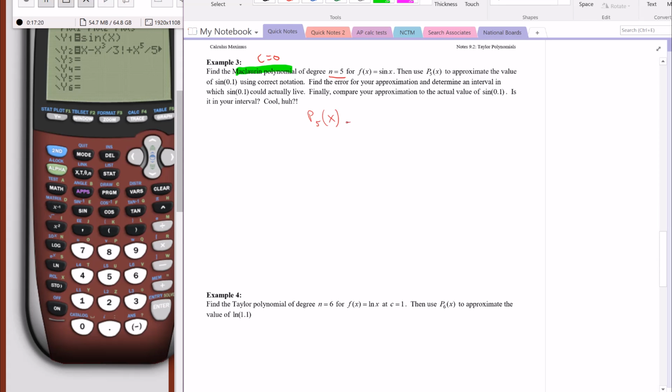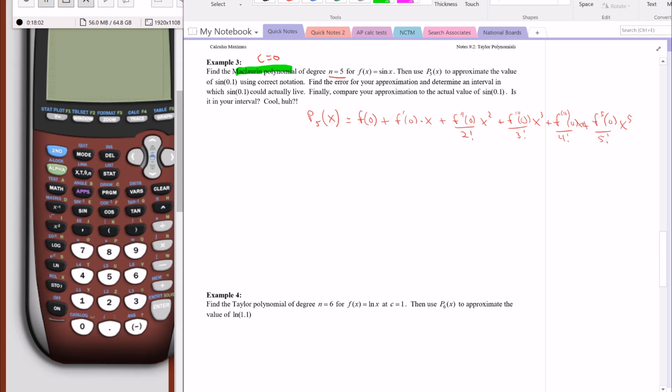So I'm going to write the 5th degree polynomial, and it's basically going to be f of 0, because we're finding the center 0, plus f prime of 0 times x plus f double prime of 0 over 2 factorial times x squared plus f triple prime of 0 over 3 factorial x to the third plus the 4th derivative at 0 over 4 factorial x to the 4th plus the 5th derivative evaluated at 0 over 5 factorial times x to the 5th.